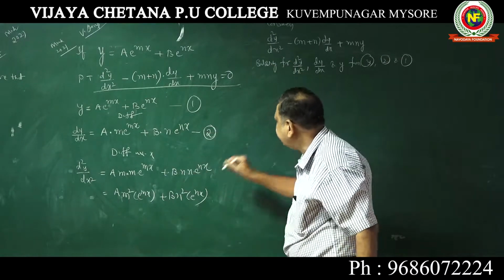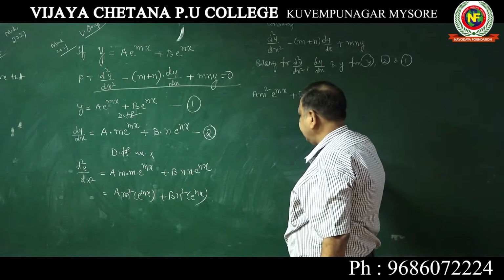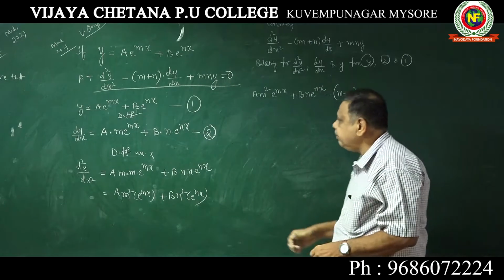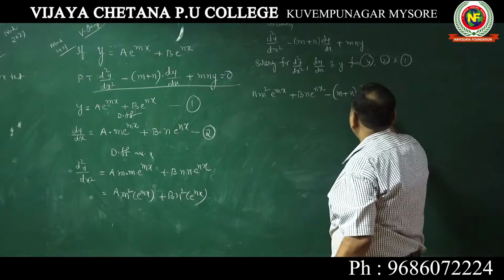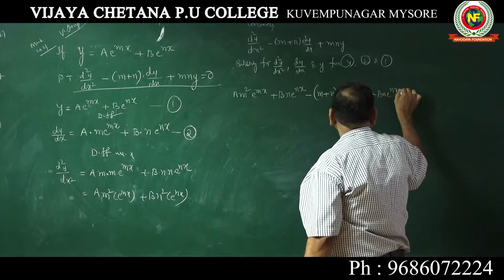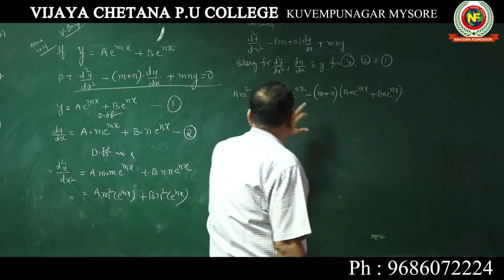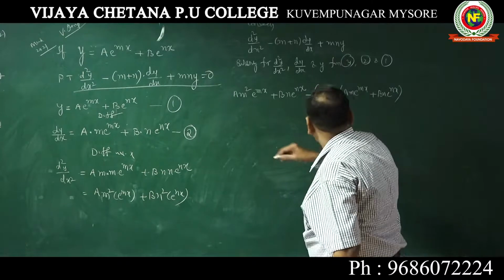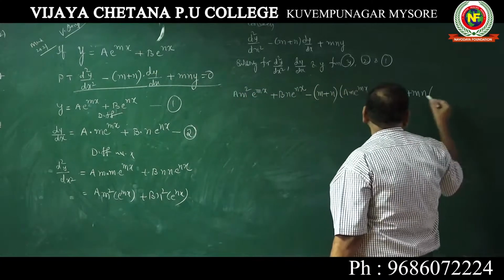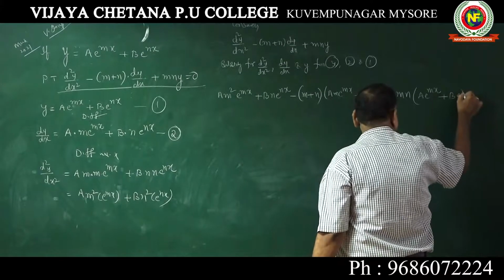Now we are substituting d square y over dx square as a m square e to the power of mx plus b n square e to the power of nx, minus (m plus n) into, here important, dy by dx, which is a m e to the power of mx plus b n e to the power of nx, then plus mn into y, which is a e to the power of mx plus b e to the power of nx.